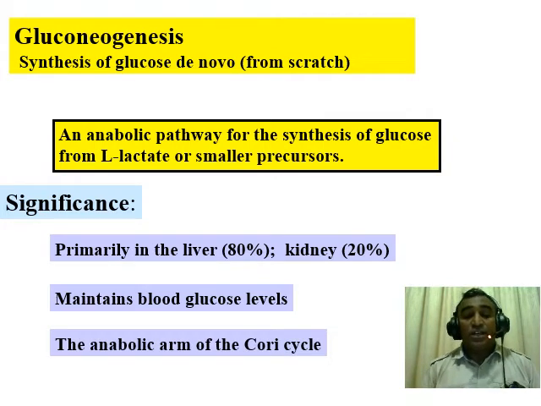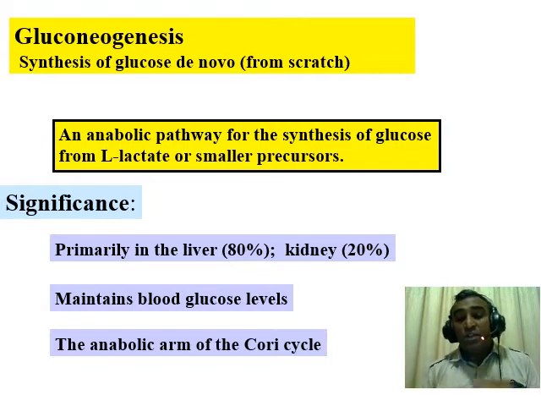This Cori cycle is basically a cycle that takes lactic acid from, for instance, muscle cells that are undergoing the anaerobic glycolytic pathway. They release lactic acid, and that lactic acid cannot be converted to pyruvate and used by the muscle cell itself.